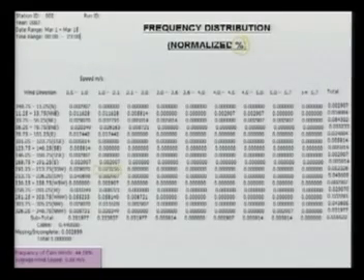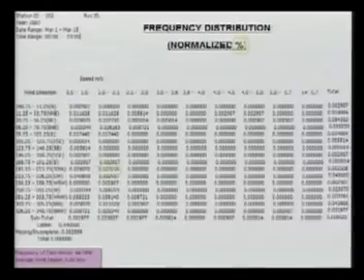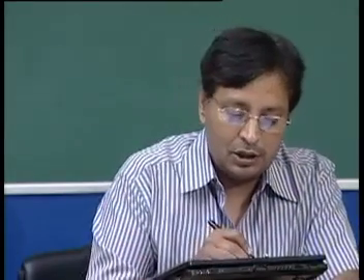For example, in the next slide I have taken the wind direction northeast. Let's go back, northeast, and took this data from this table, multiplied by 100 and rewrote them. So it means out of all the hours under my consideration, 2.9% of the time the wind direction was this and the wind speed was this.